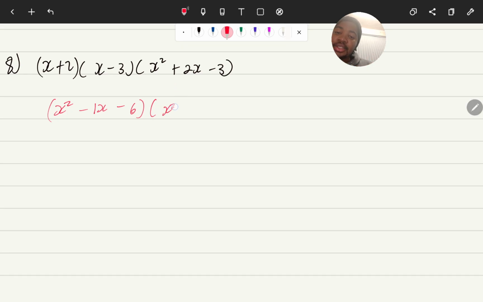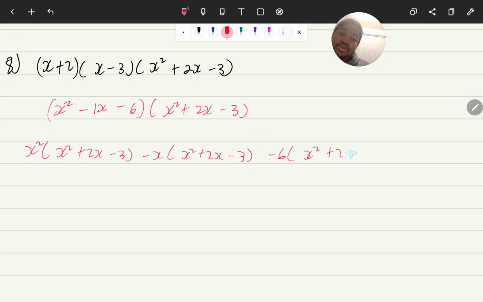Then you have x squared plus 2x minus 3. So now we're gonna have x squared into x squared plus 2x minus 3. Then we have minus x into x squared plus 2x minus 3. Then you have minus 6 into x squared plus 2x minus 3. Okay?